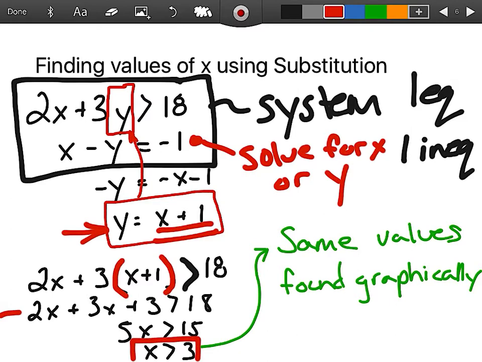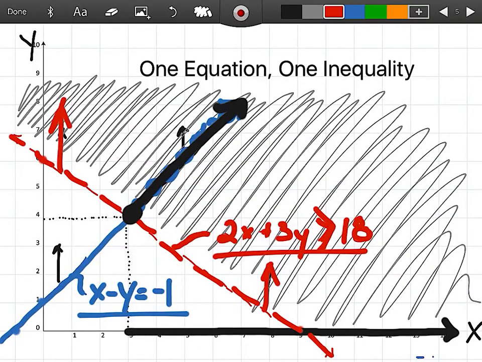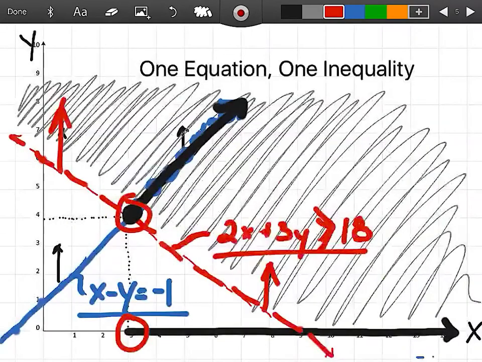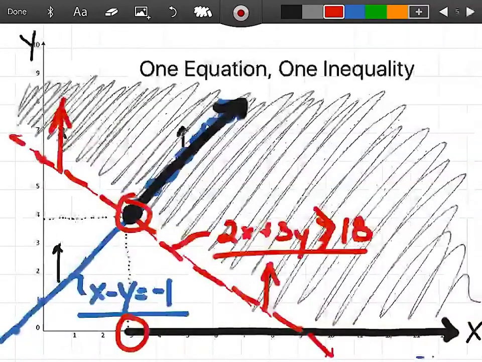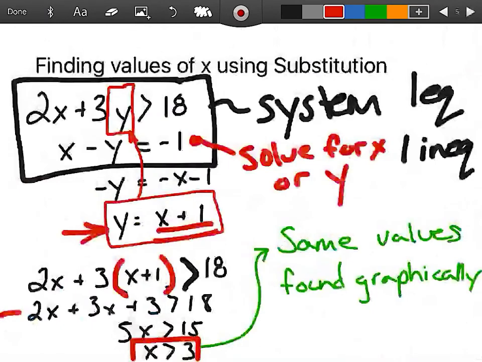And if you look back, you notice that my 3 is the point every time that these systems cross paths. It was always at the 3. Okay, so you can solve it numerically and you can solve it graphically.